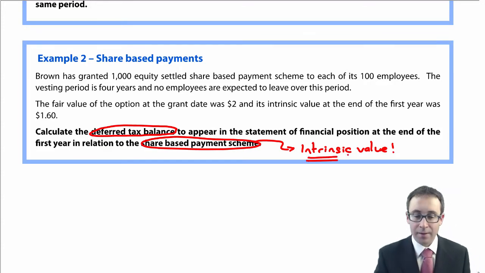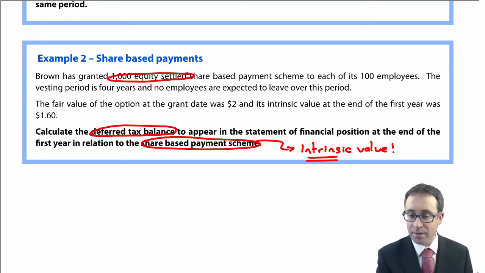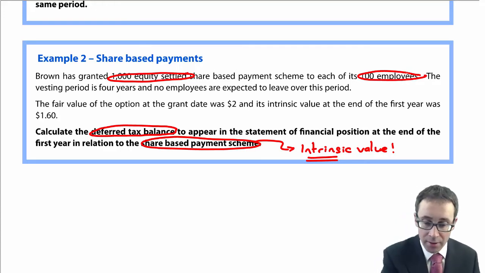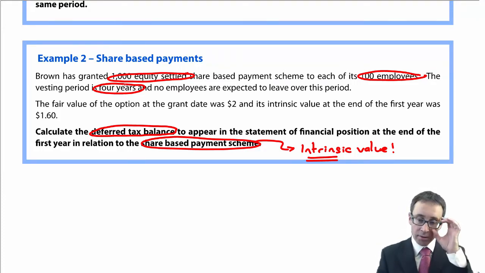Okay, there we go. It says Brown has granted 1,000 equity settled share-based payments to each of its 100 employees. The vesting period is 4 years and no employees are expected to leave over this period, keeping it nice and simple. The fair value of the option at the grant date.